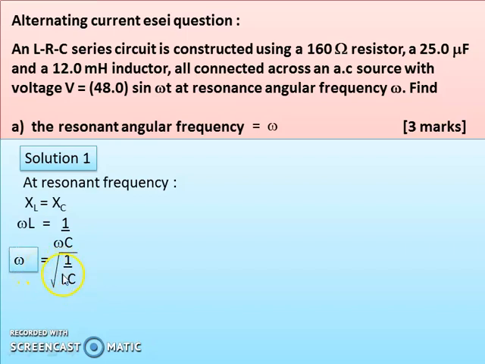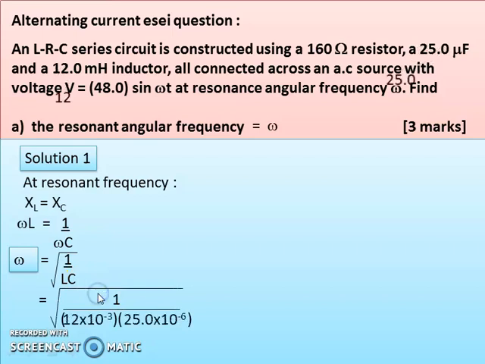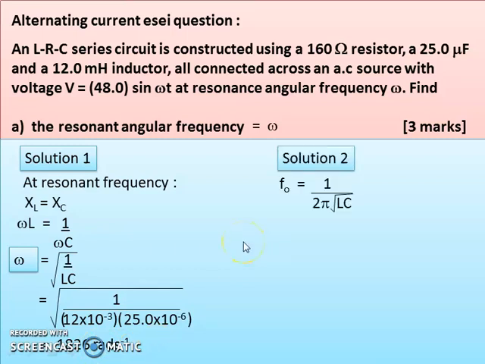Omega equals square root of 1 per LC. We substitute the L and C into the equation. Then we get the resonant angular frequency omega, 1826 radian per second.